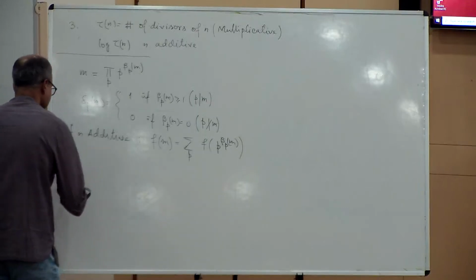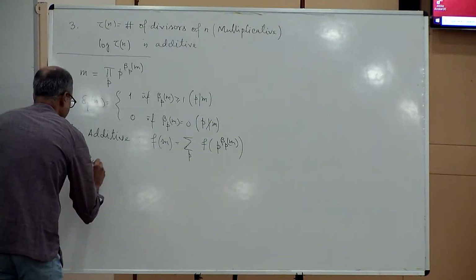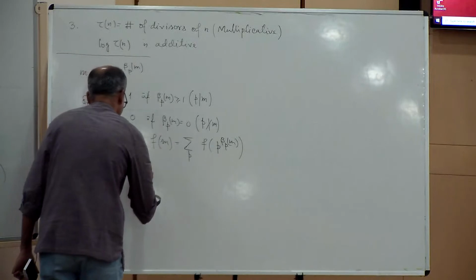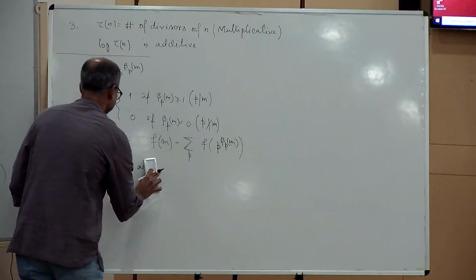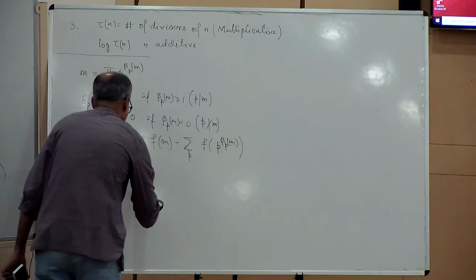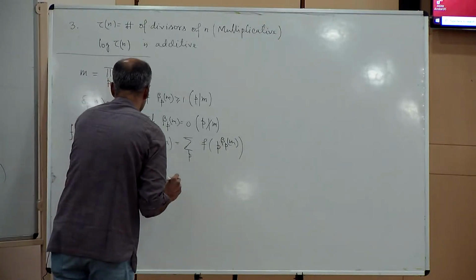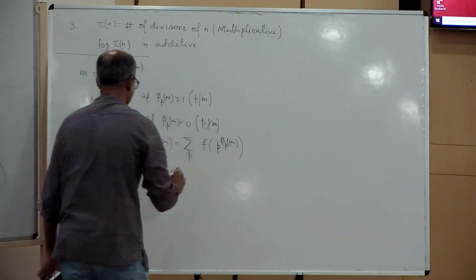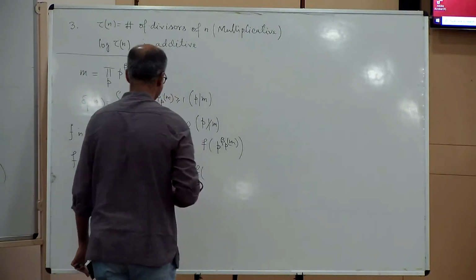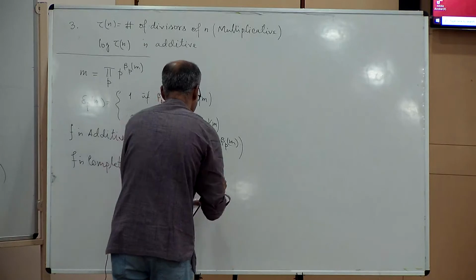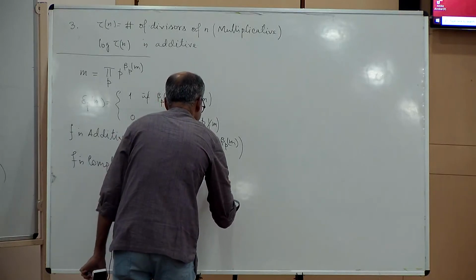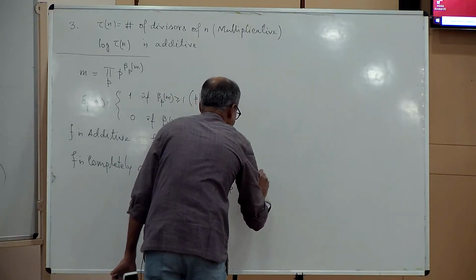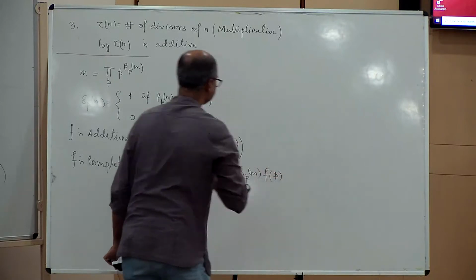And if it is completely additive, you would get something more. If f is completely additive, then f of m is a summation over primes of delta p of m times f of p, right.